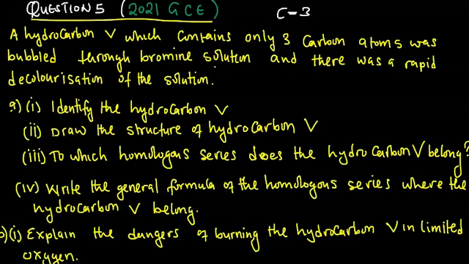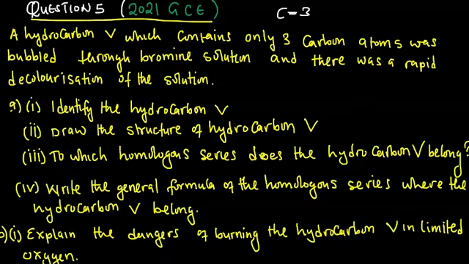Even if we don't know the name of this hydrocarbon that has 3 carbons, we know for sure that this is an alkene, because alkenes are the ones that decolorize bromine solution. Now, an alkene with 3 carbons is called propene. Okay, so we've identified it already.